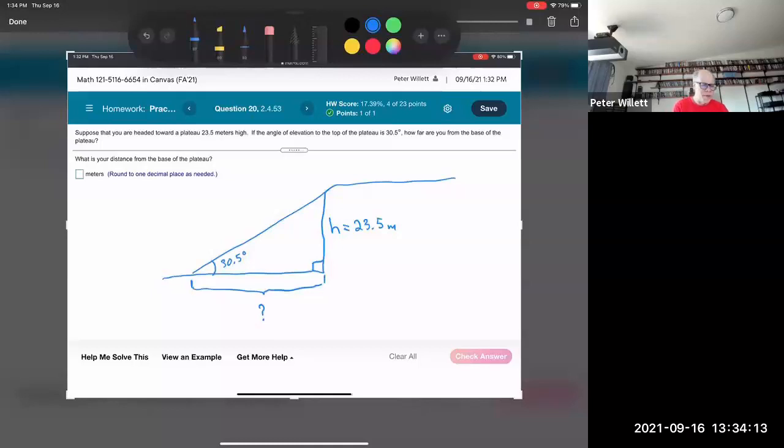Questions about how I made this picture from the description of the problem? Some of the work in these word problems will be to read the description of a situation and properly reflect that in a diagram.